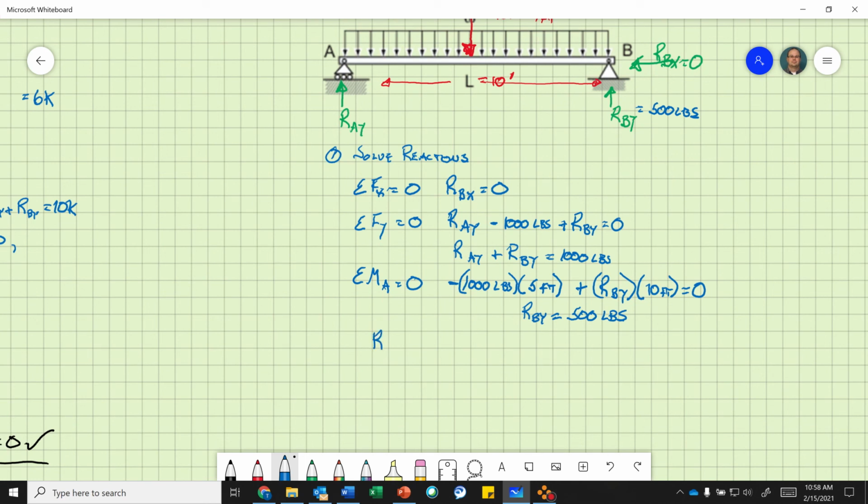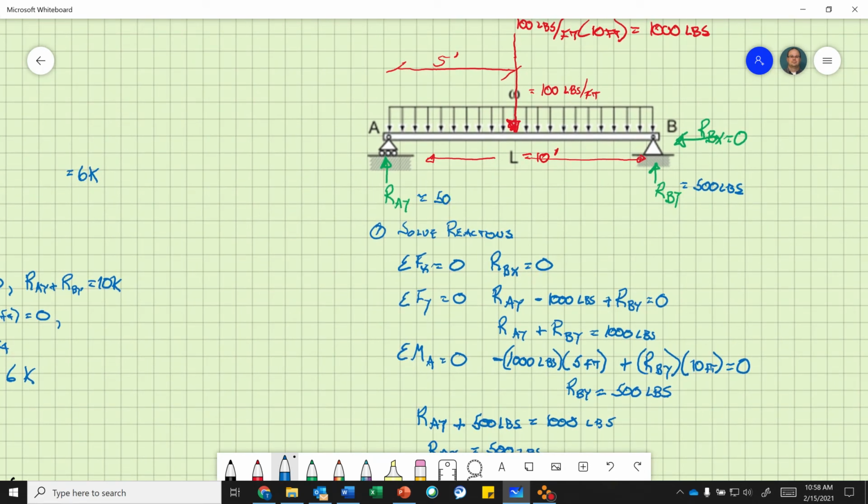The reaction at point A in the Y direction plus 500 pounds has to equal 1,000 pounds. The reaction at point A equals 500 pounds.